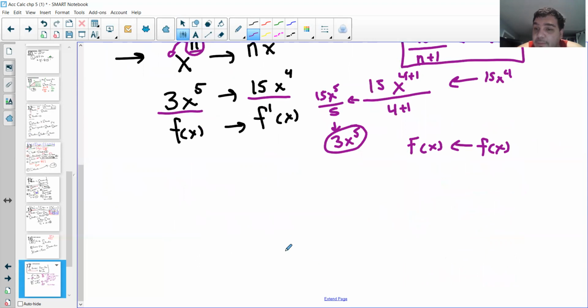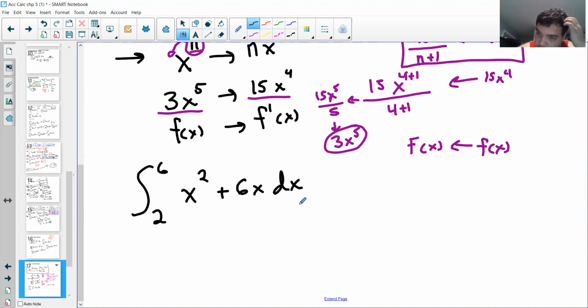So I'm going to do an example here of that thing. If you need it, just pause the video. So let's say from 2 to 6, we have x to the second plus 6x dx. Okay.